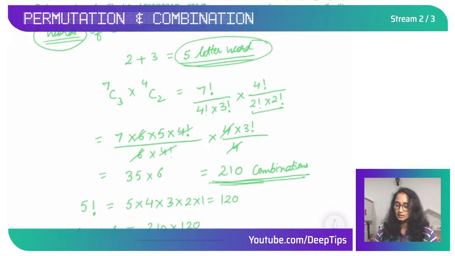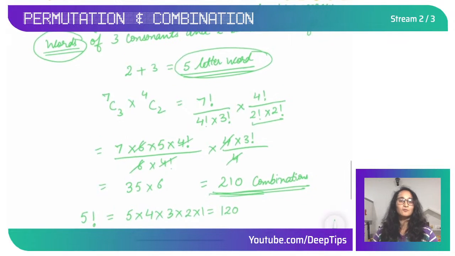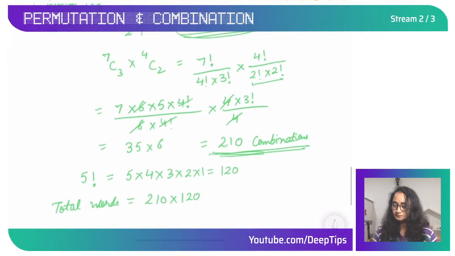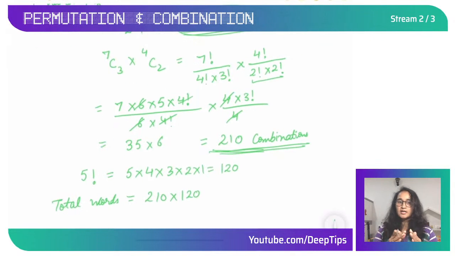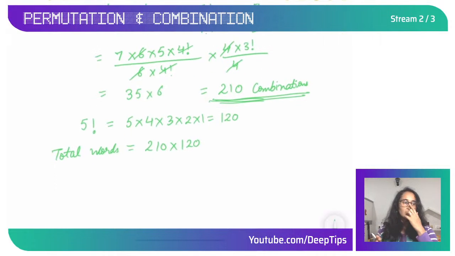I am not saying that these are the number of words, because these 5 letters can arrange themselves in 120 ways. So for each group, because I have 210 combinations, each group has a possibility of 120 options. So that's why 210 into 120.